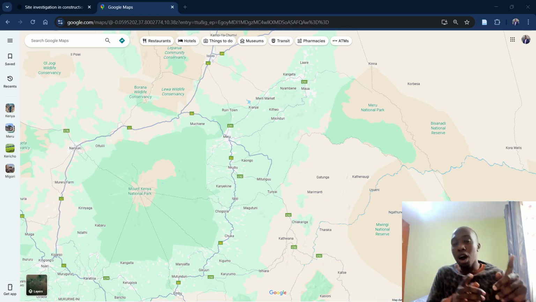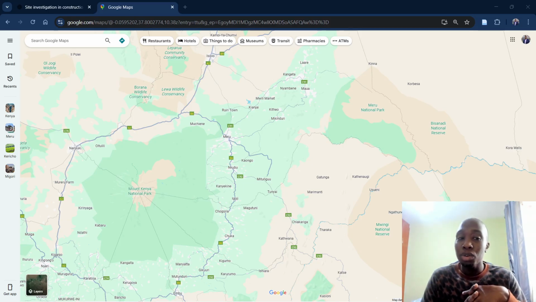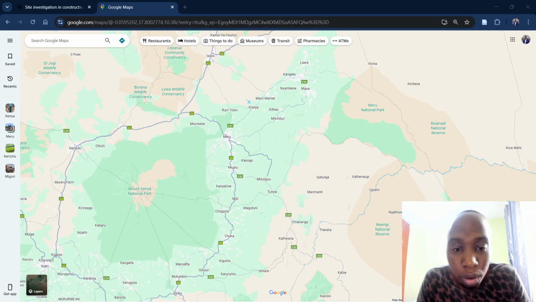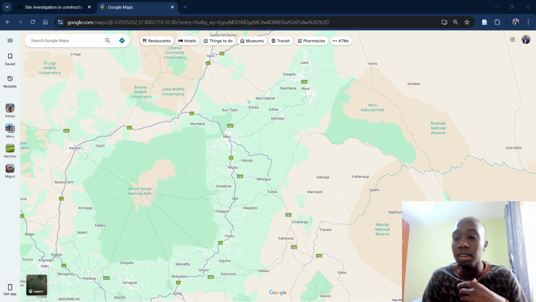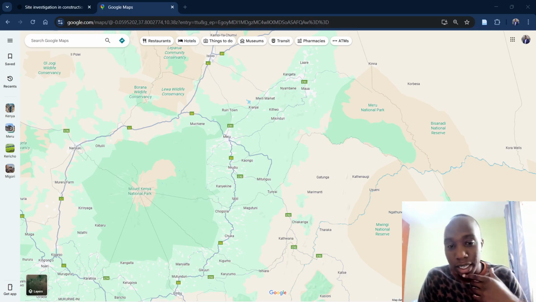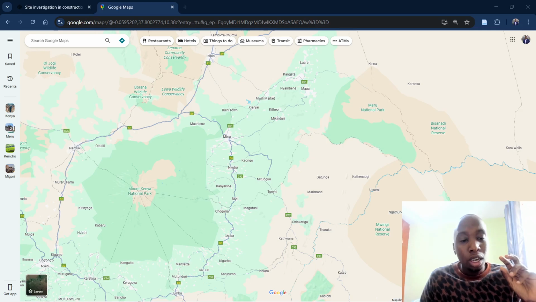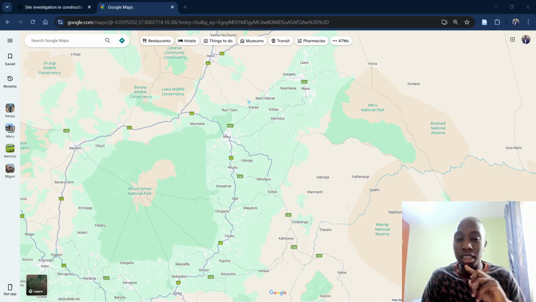I can know how often it rains in Mitungu, and which months it rains, because that information is available to the public. It's in the public domain. I don't have to live in Mitungu to know that it rains in January. So a site investigation can also be done without necessarily visiting the site.